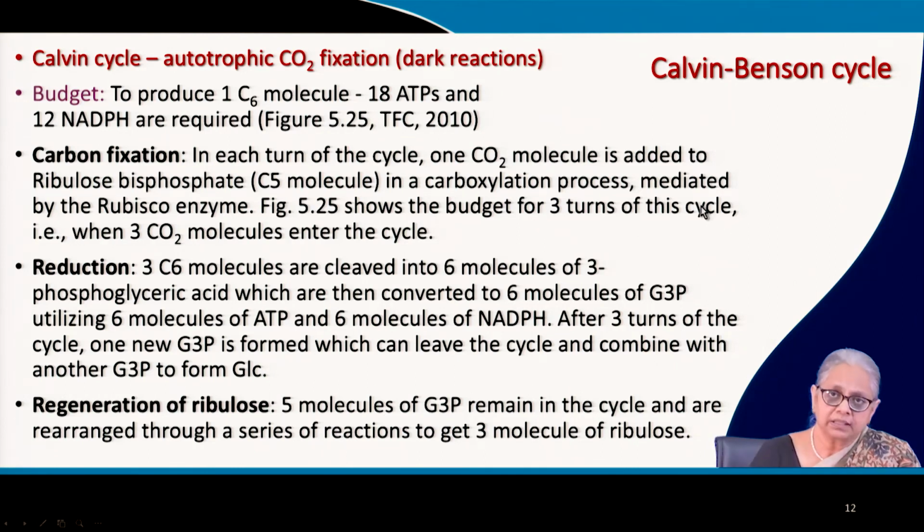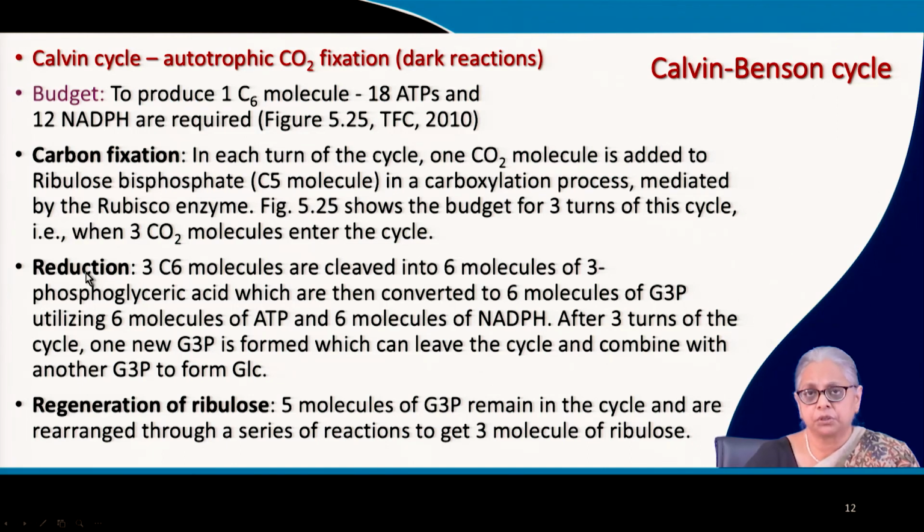In one cycle you don't get much, so in 3 turns you will get G3P, and it takes another, so 6 turns of the cycle will give you 1 glucose molecule. In the figure, you have 3 carbon dioxide molecules that enter the cycle one at a time by being added to ribulose bisphosphate.